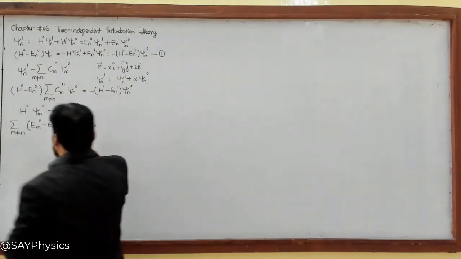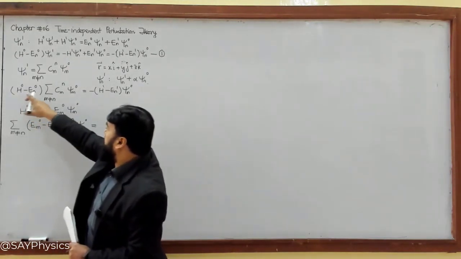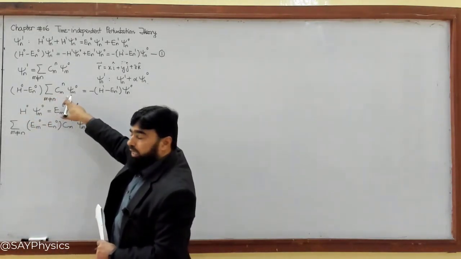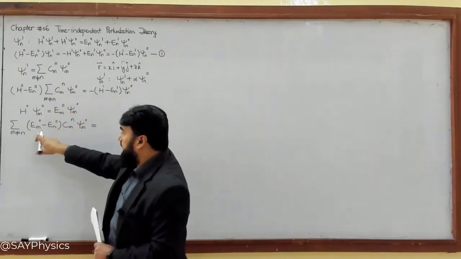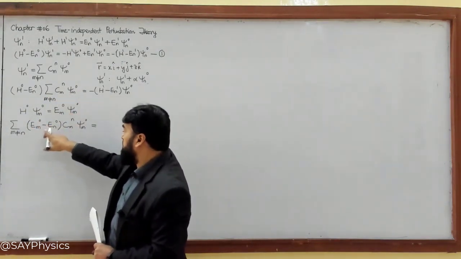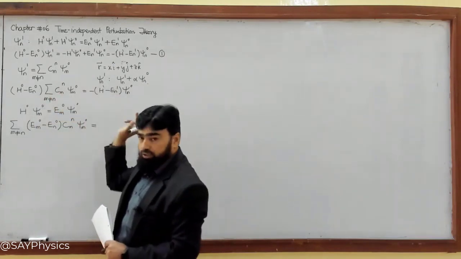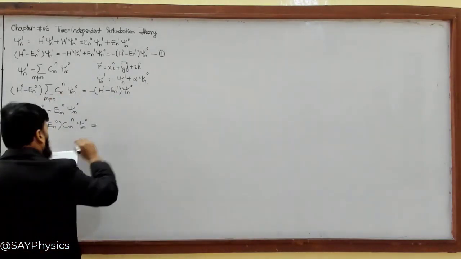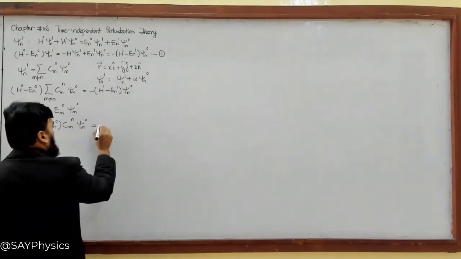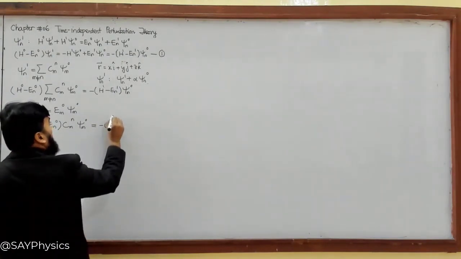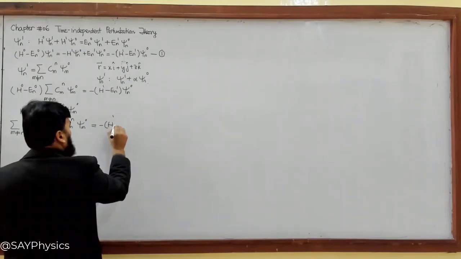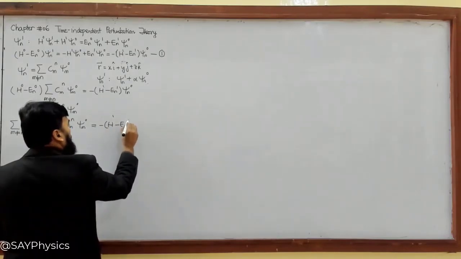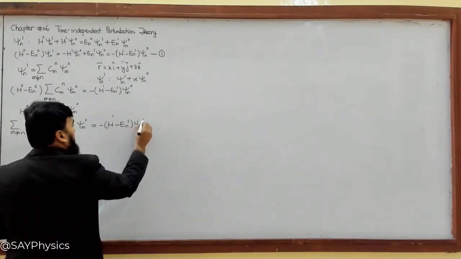What we have done is operate H0 on this and write the result in a compact form, Em0 minus En0, which is equal to minus (H prime minus En1) psi n0.